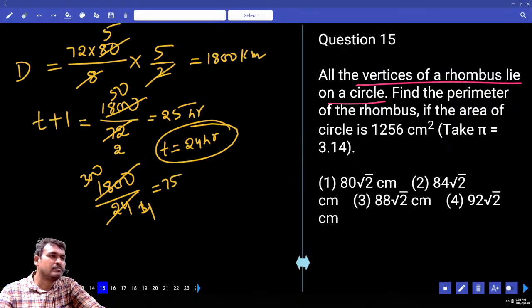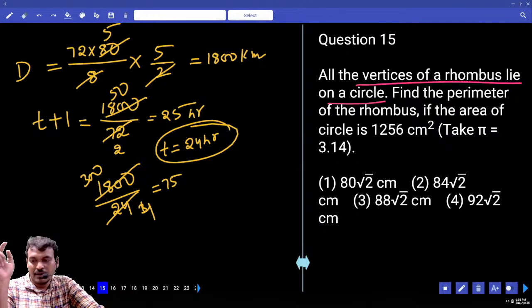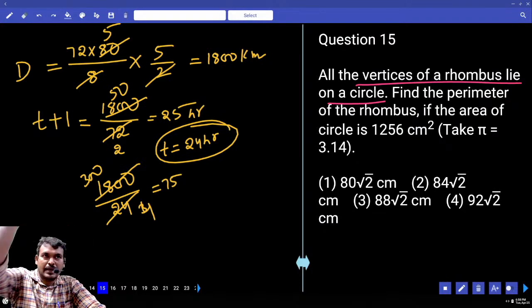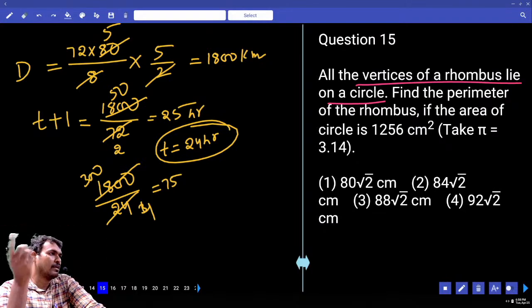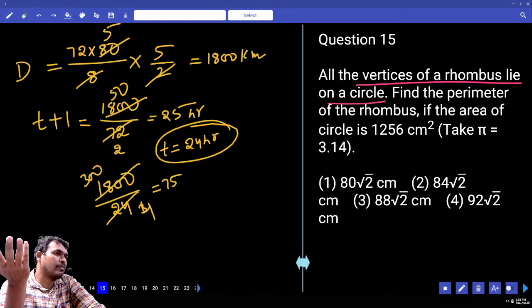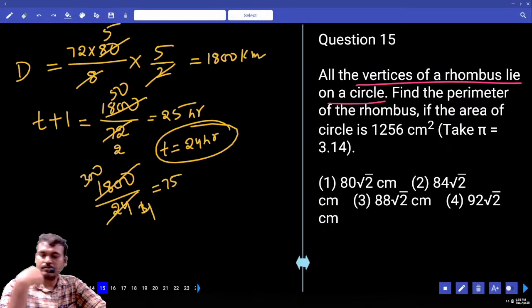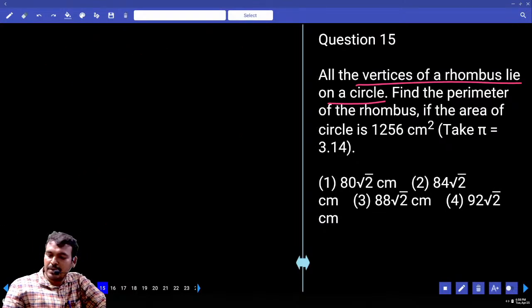Square or? All the vertices of a rhombus lie on a circle. Means all the 4 sides equal or different? Equal. And it will be equal diagonals or different diagonals? Equal diagonals. Equal diagonals means square or rhombus? Square.